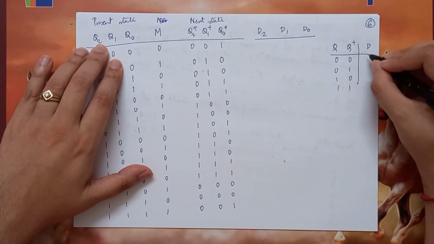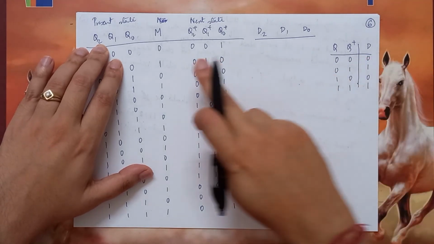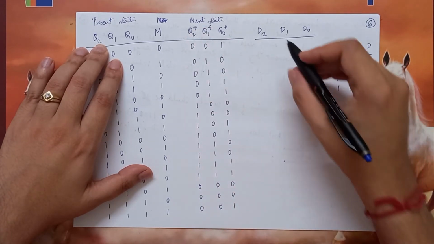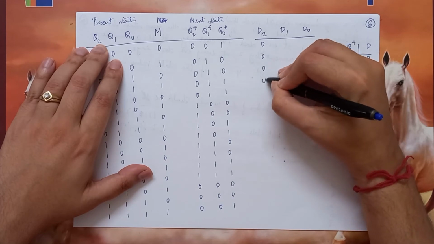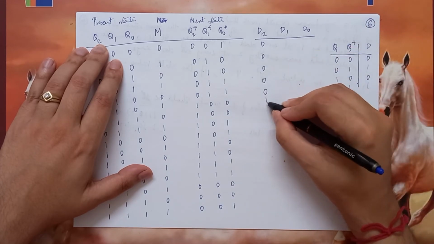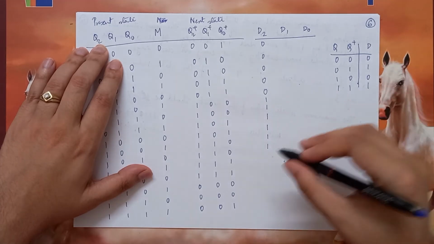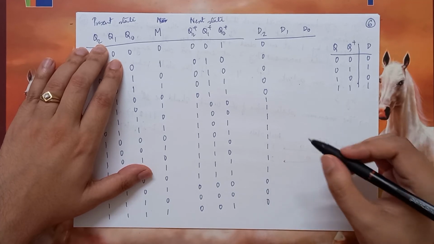So D is essentially the same as Q plus, so that is 0, 1, 0, 1. All we need to do is look at this column of Q2 plus: 0, 0, 0, 0, 0, 1, 1, 1, 1, 1, 1, 1, 1, 0, 0, 0.